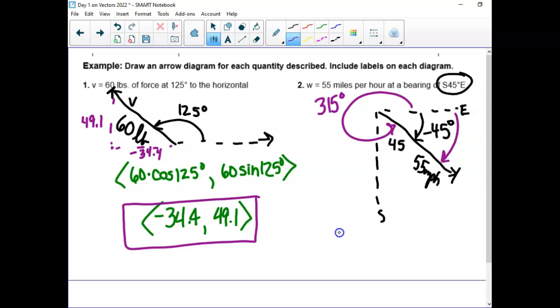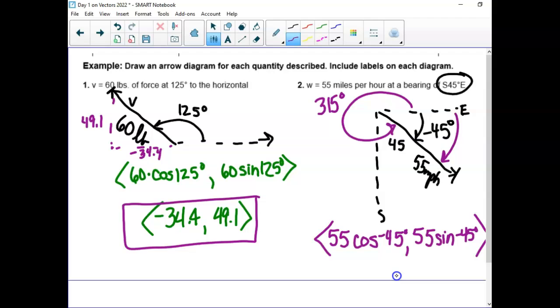And what is our length, or our force or our speed? It's 55. So we're going to do 55 cosine of negative 45 and 55 sine of negative 45, or you can use 315. Now, what do you know about a 45, 45, 90? Both legs should be the same, right?